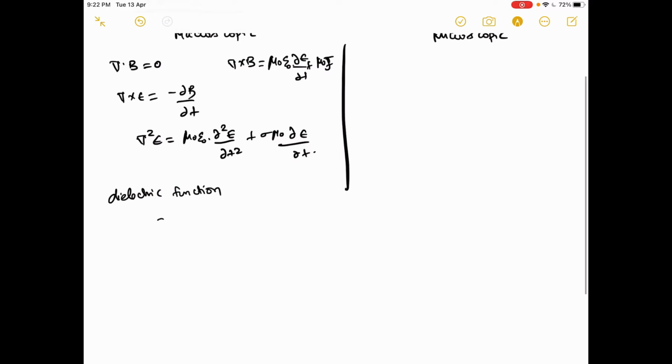We got epsilon, which was written as epsilon naught plus i sigma mu naught by omega. So basically this is a complex function, with sigma being the conductivity, mu being the magnetic permeability, and omega being the frequency.